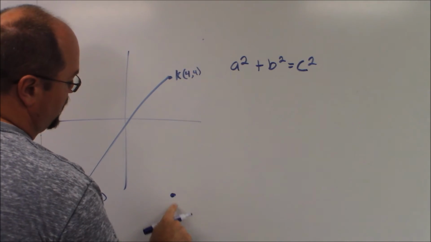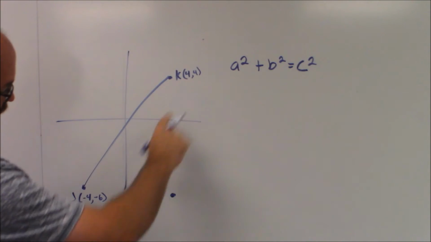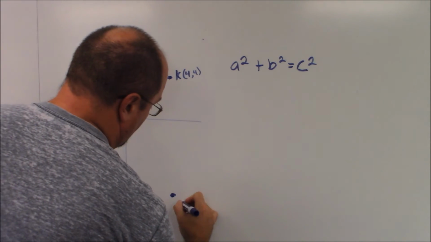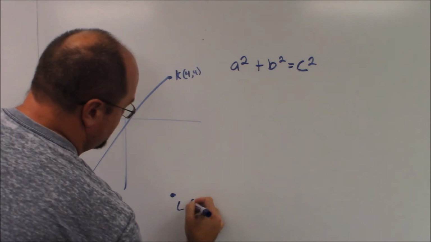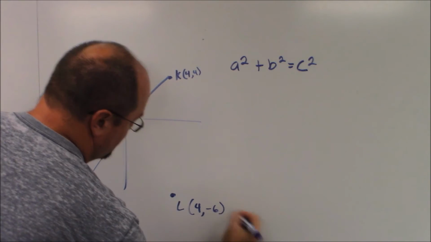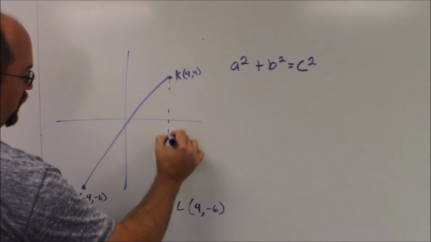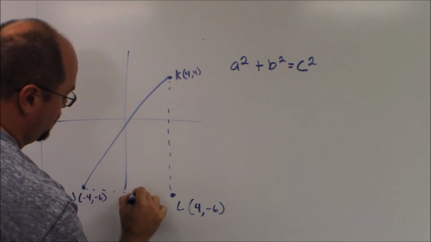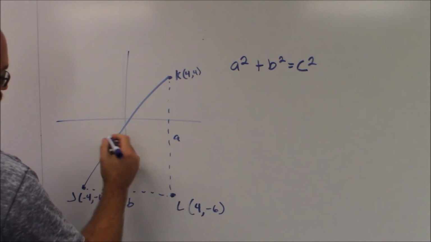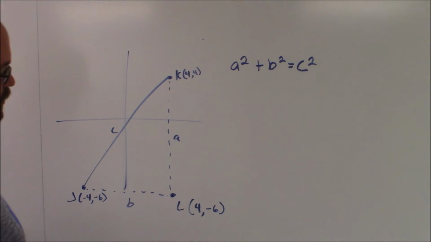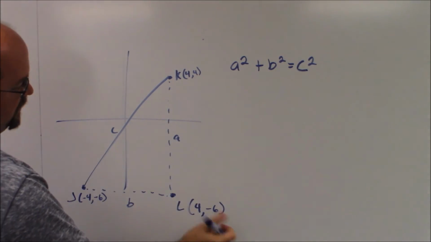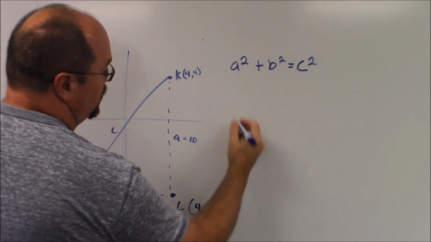I'm going to plot a point that has the same x value as k and the same y value as j. And I'm just going to call this point L. And so that's going to be 4, -6. And so this will be my A value, this will be my B value, and of course C is what we're trying to find. So here we're going from 4 to -6, so A is going to be 10.